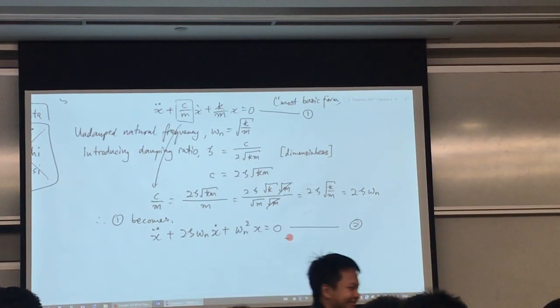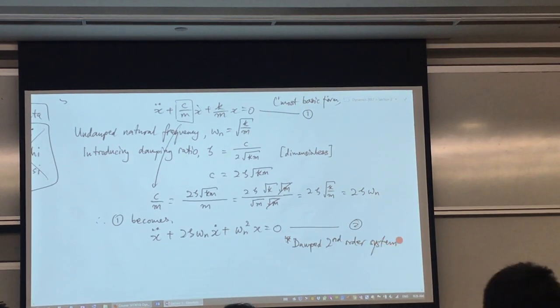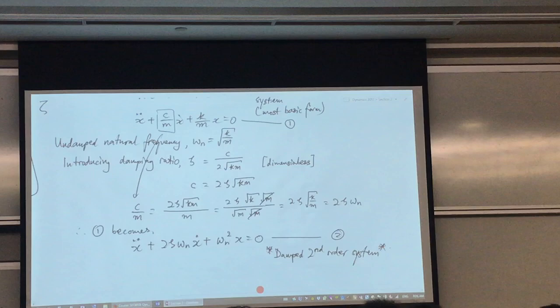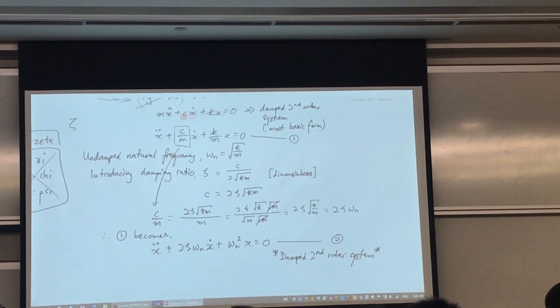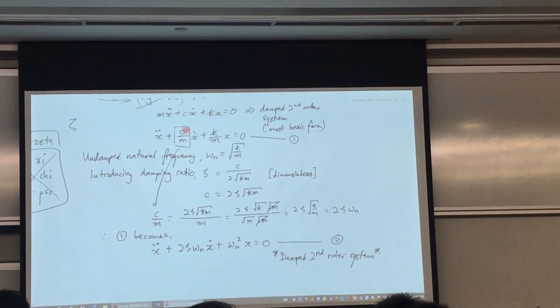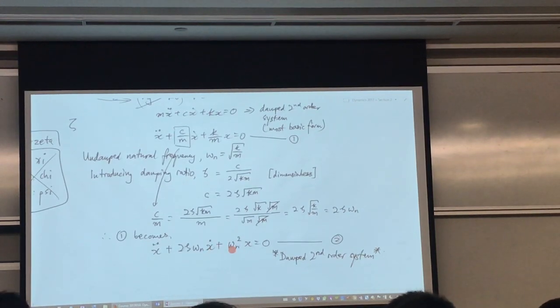So equation 2 is now our damped second order system. You have seen this damped second order system, I wrote it over here in terms of mass, damping coefficient, and spring constant. That can be expressed similarly in this way, and this is one that you get to see more frequently.